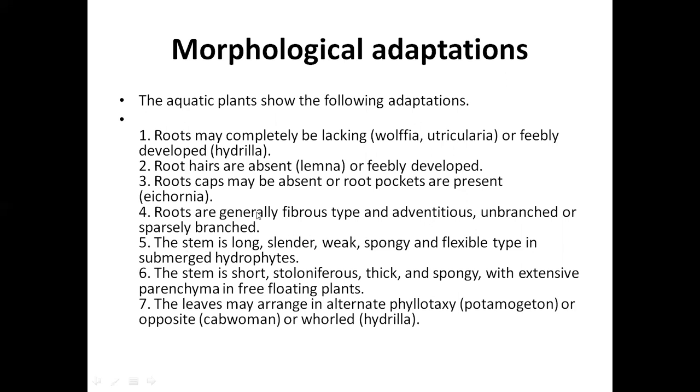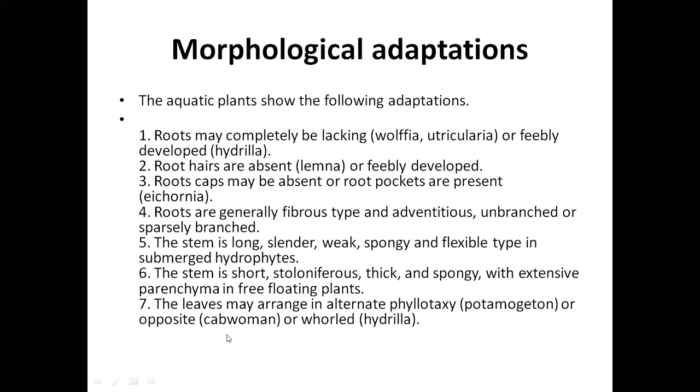So as we discussed earlier, the root system is underdeveloped in the hydrophytes. So usually the root system is fibrous type or adventitious type, and it is not well developed. And the stem is long, slender, weak, spongy, and flexible in submerged hydrophytes.